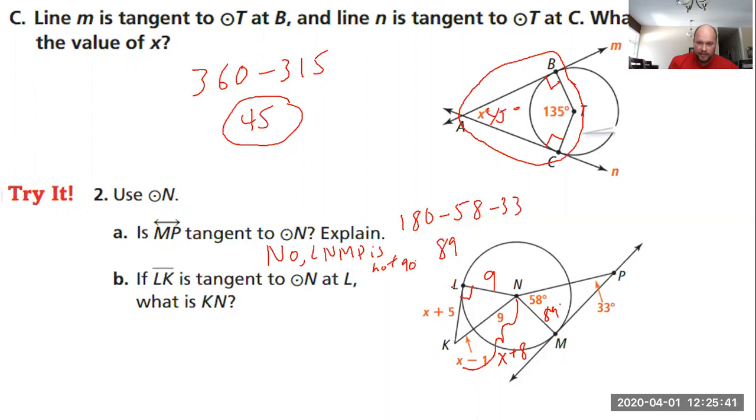We have this side, all right, is going to be our B value, let's say. This side could be our A value. So if we plug it in, X plus 8 squared equals 9 squared plus X plus 5, that part's in parentheses, squared.